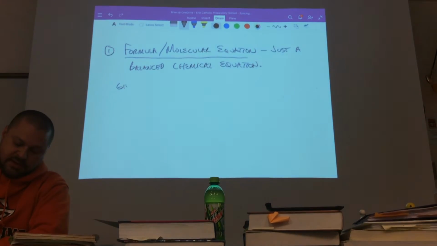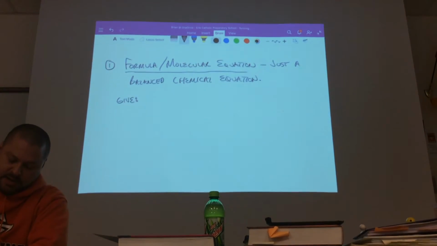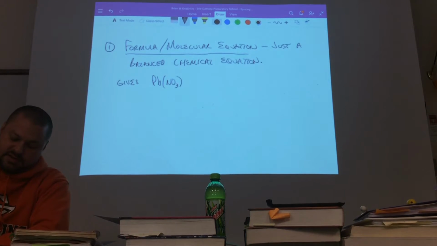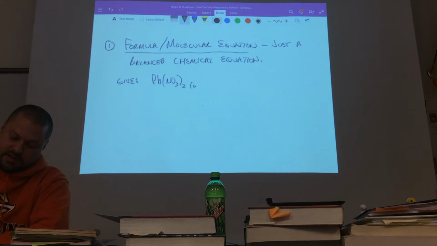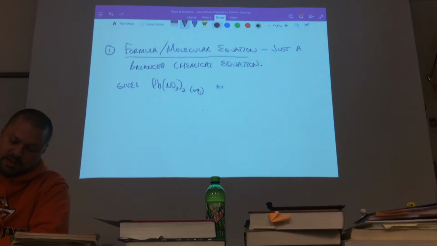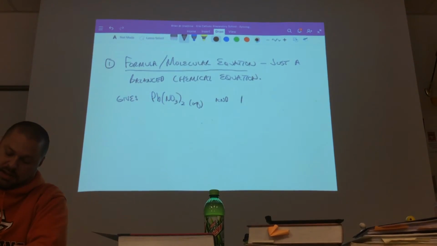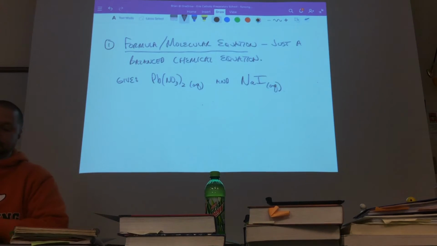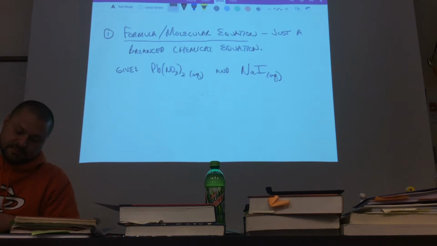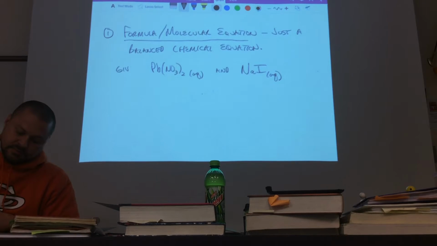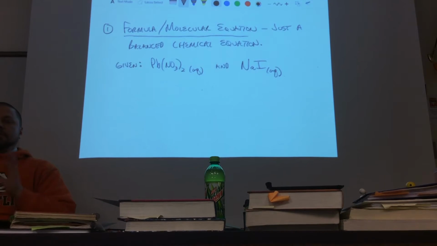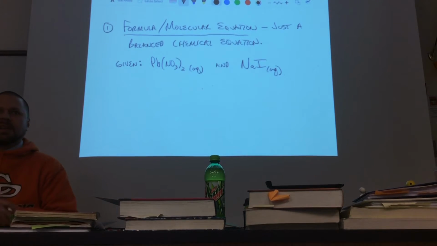So let's say we're given Pb(NO3)2 (aq) and NaI (aq). So let's say I tell you, okay, you have these two solutions. If you mix them together, what, if anything, happens?